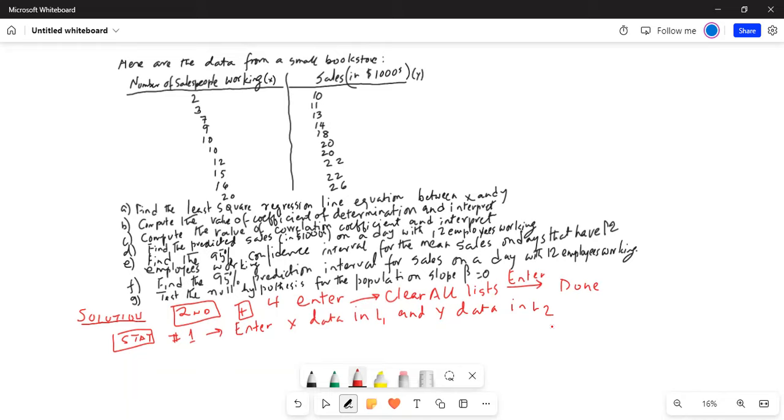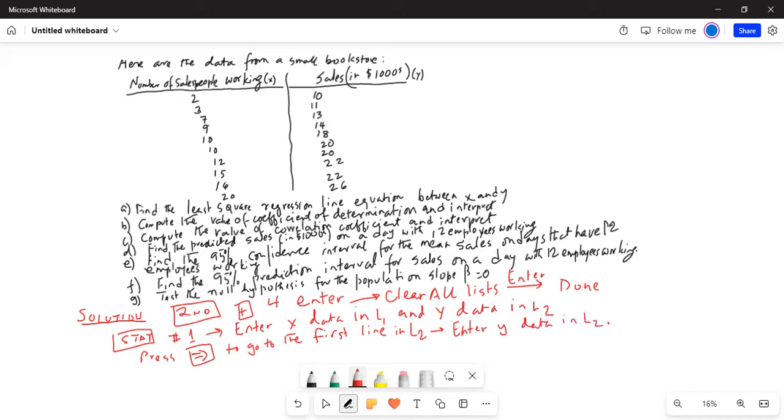Once you are done with L1, press the right cursor key to go to the first line in L2. First line in L2. Okay, and enter the Y data in L2.